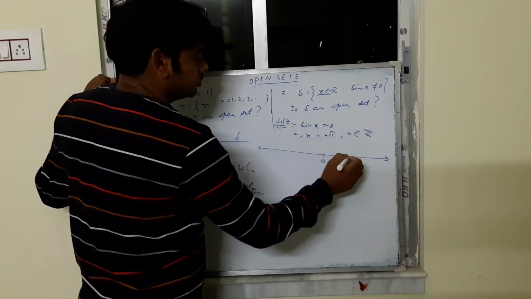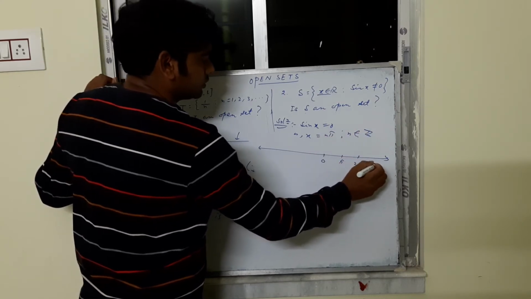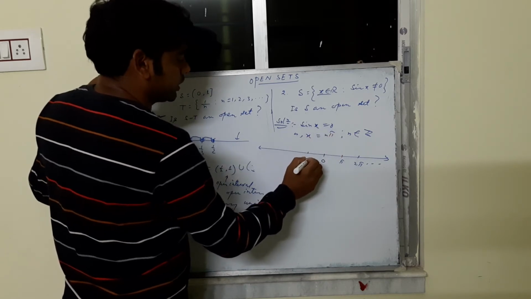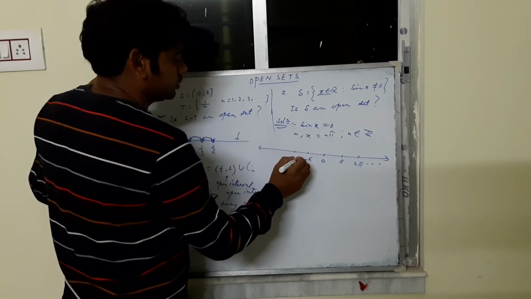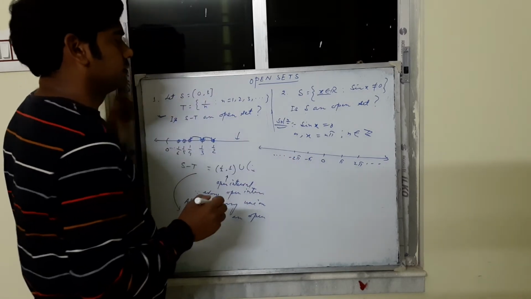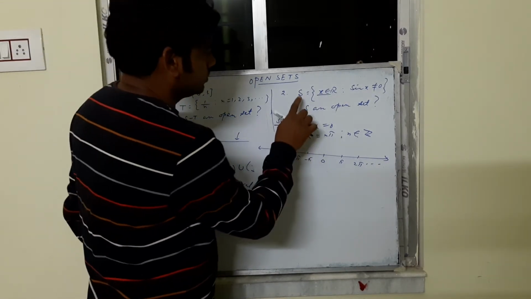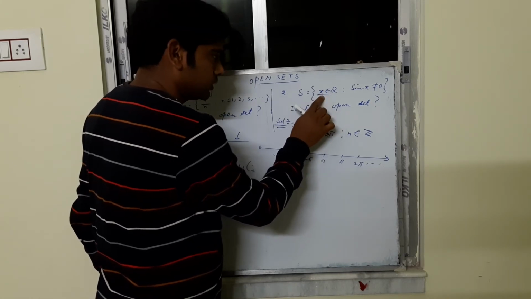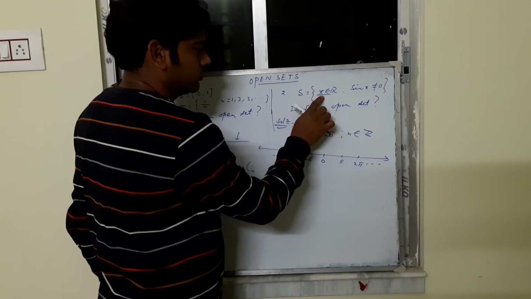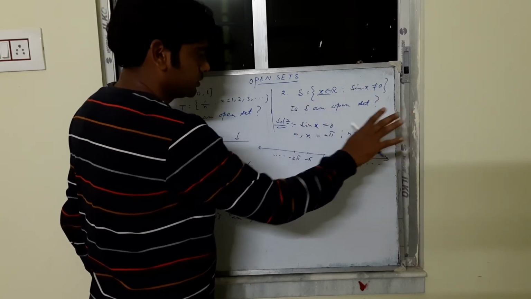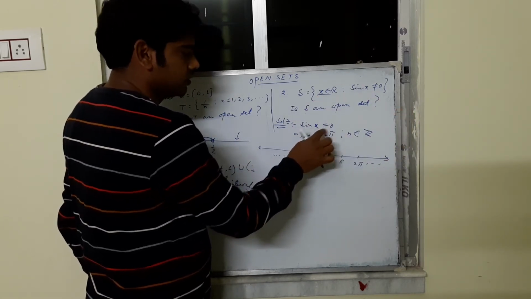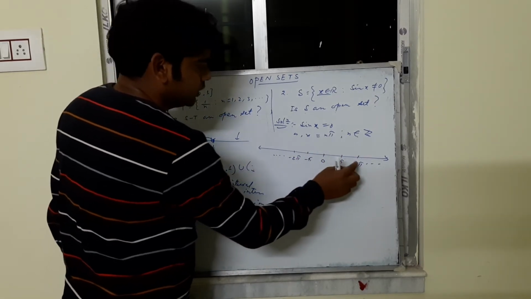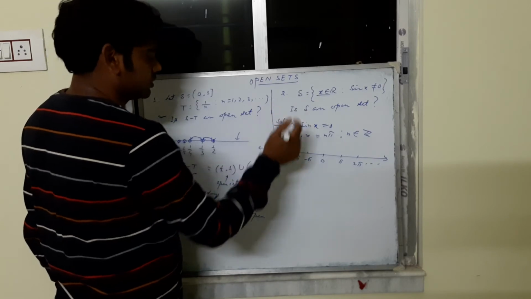For n equal to 2, you get 2 pi, etc. For n equal to minus 1, you will get minus pi, similarly minus 2 pi, etc. Now S is the set consisting of all those elements in R for which sin x does not vanish. But sin x vanishes for all those elements, so we have to delete all those elements from the set S.